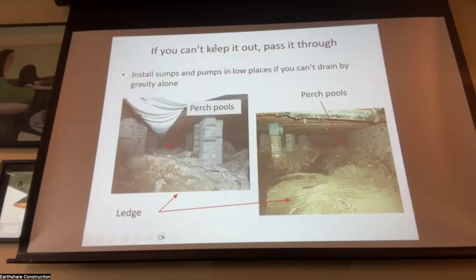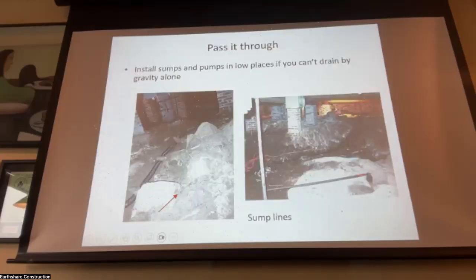So we had to put in a sump pump in every one of those pools. So there's several of them here. And we ran the pipes from the sump pumps down the valleys. Here's one in the valley, to the sump in the bottom of the foundation.